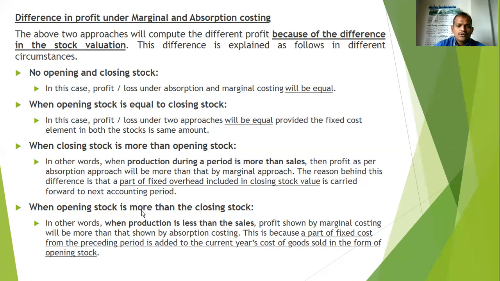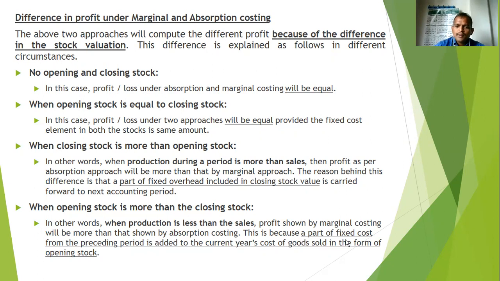And when opening stock is more than the closing stock, see, when production is less than the sales, profit shown by marginal costing will be more because production is very less, sales are more. So profit shown in marginal costing will be more than that shown by absorption costing.